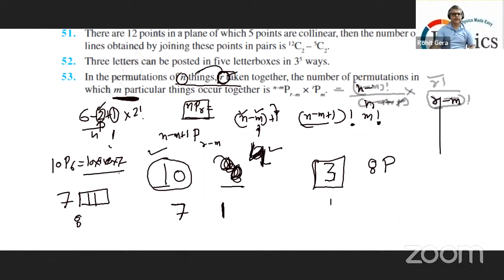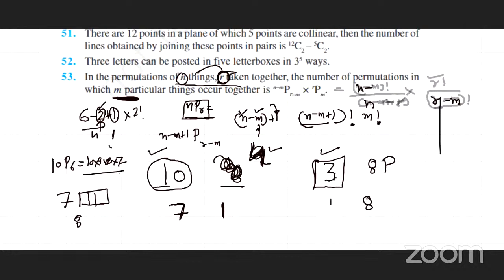So the bundle of 7 and then 3, a total of 8 bundles. You have reduced it to 8 bundles, and you have to select 4 out of them.